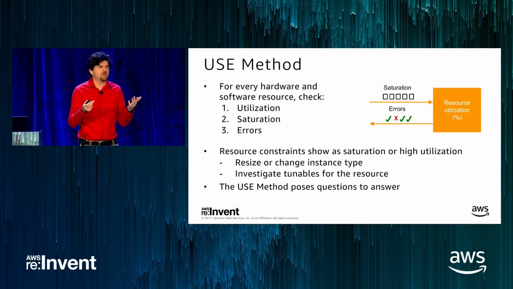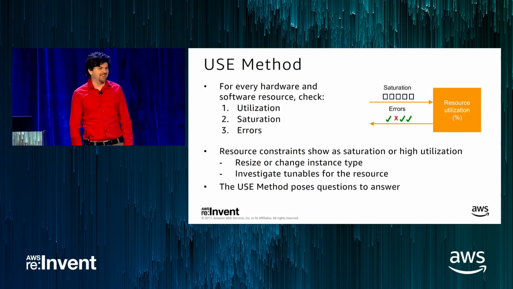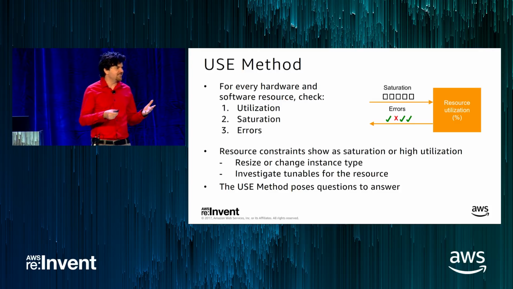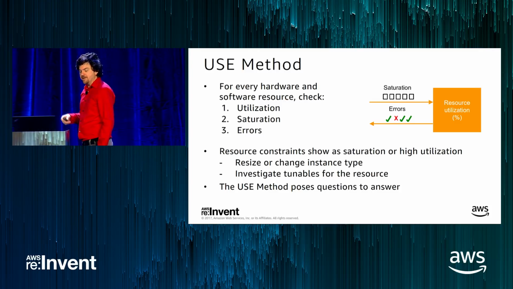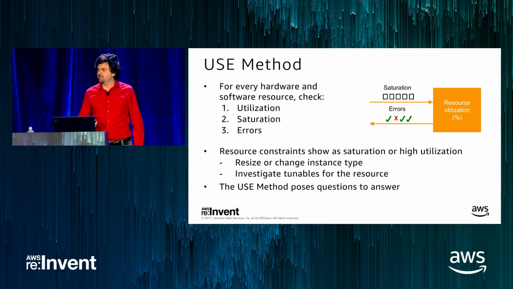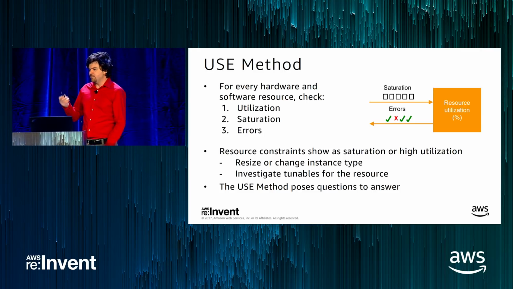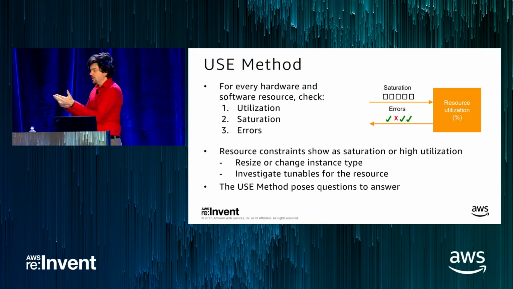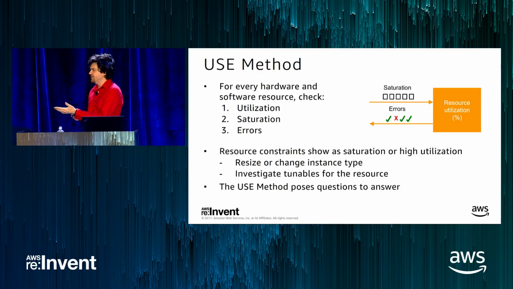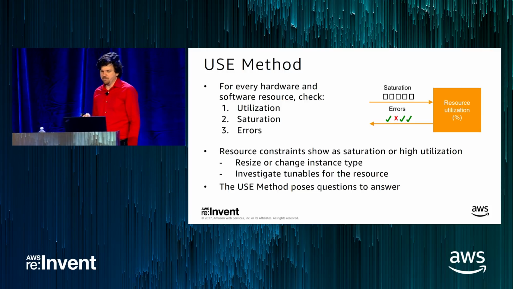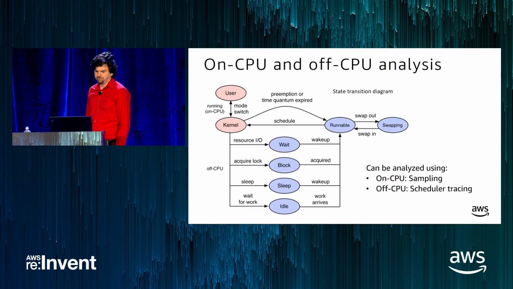You'd look at the performance monitoring product and say, wow, there are 1,000 metrics in here. Everything must be covered. But that's not true because it does have blind spots. This methodology helps you reveal and become aware of those blind spots because you can say, well, I don't have saturation for the CPU interconnect. So now I need to go find out how to measure that. So the USE method poses questions to answer.